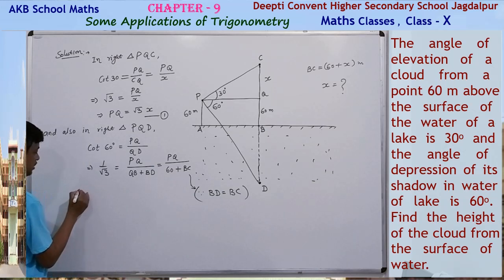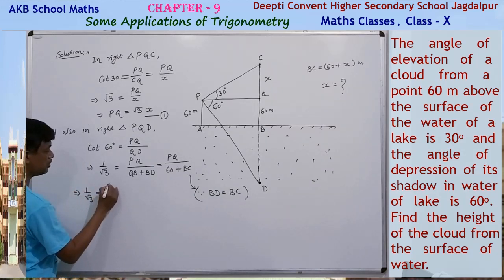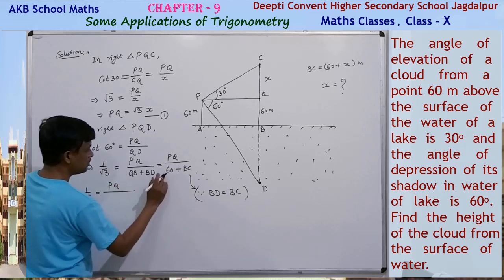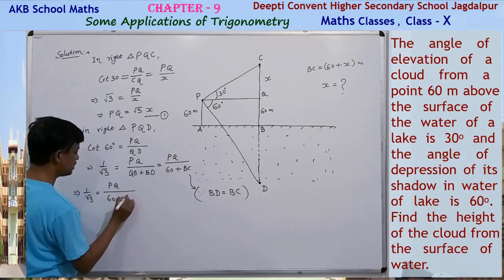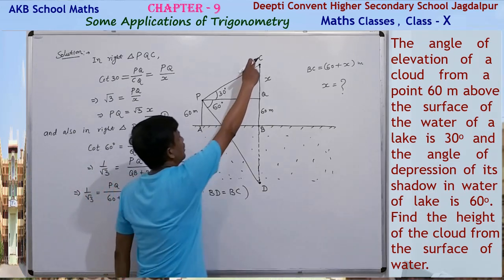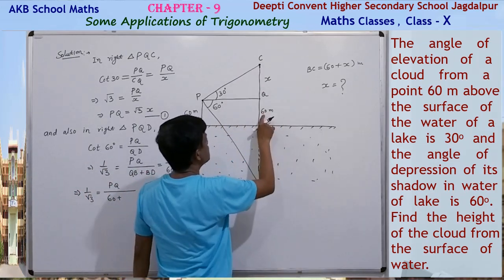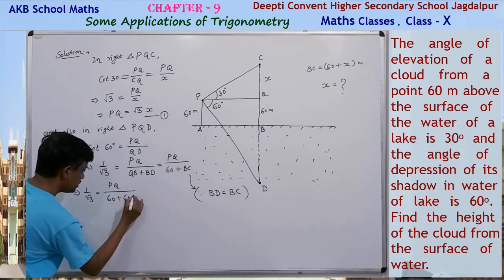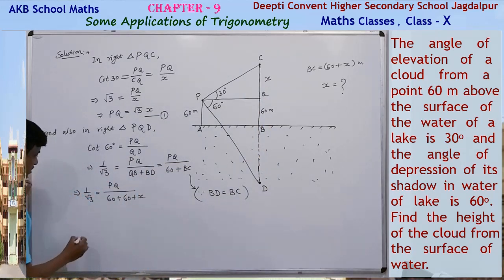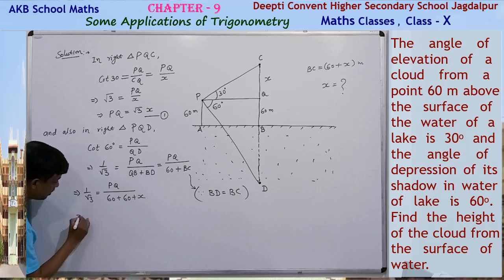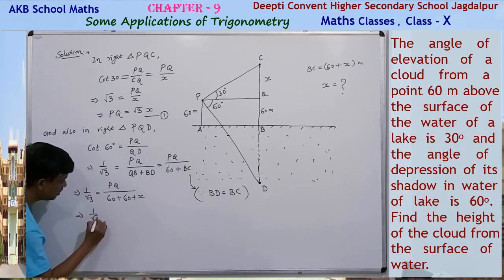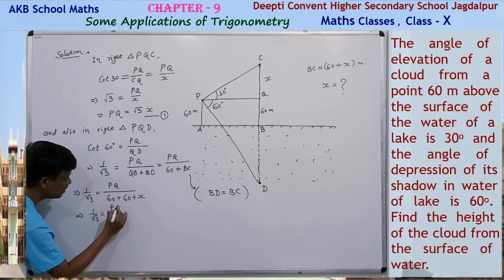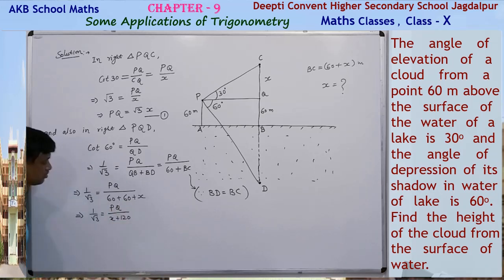Now here we can write 1 by root 3 equals PQ upon 60 plus BC, which means 60 plus x. From here we can write 1 by root 3 equals PQ by x plus 120.